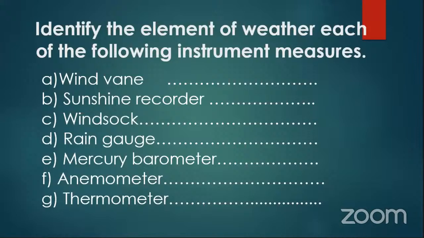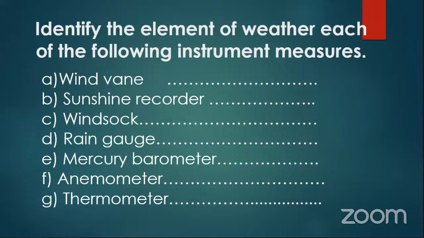Are we together? Because I showed you the picture of a wind vane. The pointer faces the direction from which the wind is coming, while the tail points to where the wind is going.